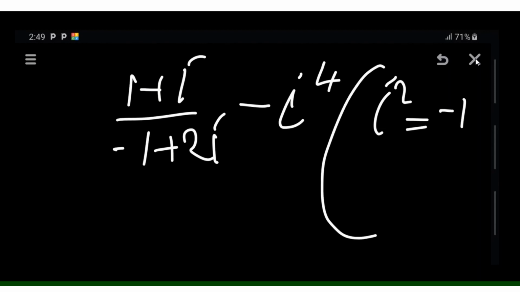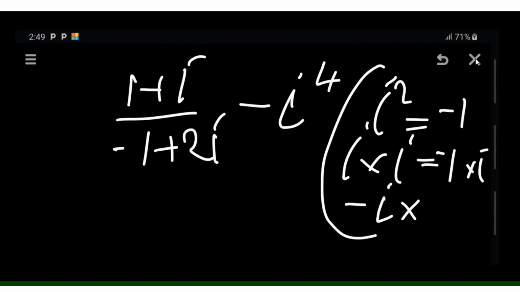So let's do this. i times i is equal to -1 times i, which is -i times i.